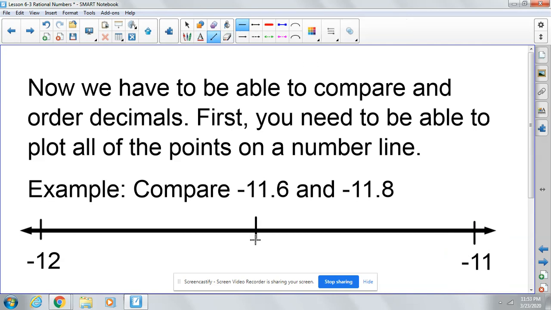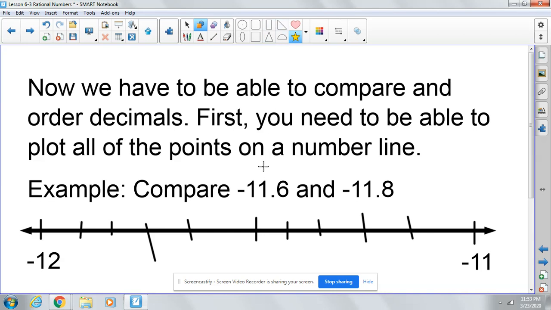If it's decimals, I have to have 10 spaces. So I'm going to make my tenths now. Doesn't have to be perfect. And I am going to plot both decimals. Okay.